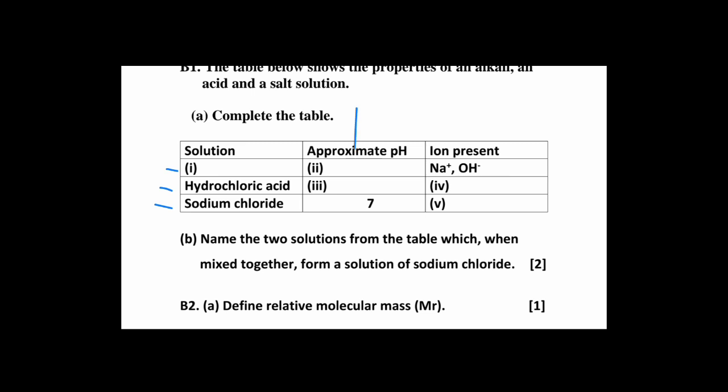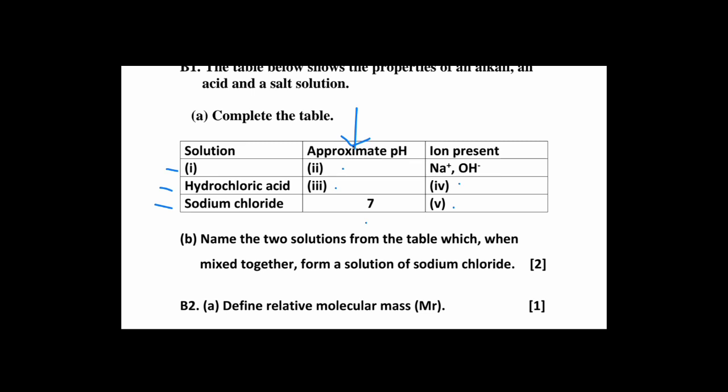We have a column of approximate pH, not given. Here they have given us 7. Ion present, we have sodium ion and hydroxide ion, not given. So what are you going to do? You analyze the question and then you answer.